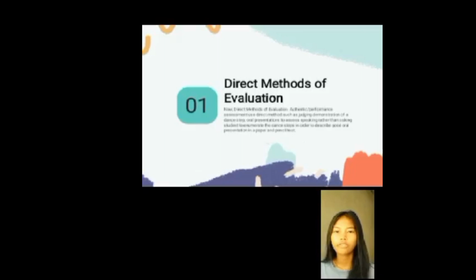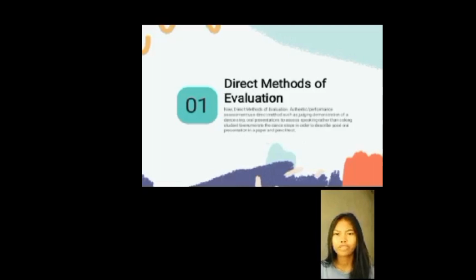Now, direct methods of evaluation. Authentic or performance assessment use direct methods such as judging a demonstration of a dance step, or oral presentations to assess speaking, rather than asking students to enumerate the dance steps in order or to describe a good oral presentation in a paper and pencil test.